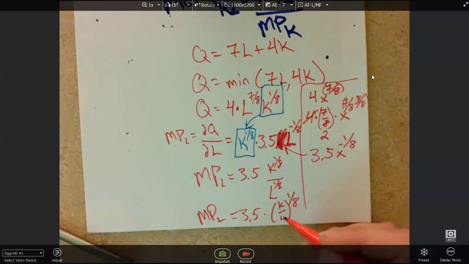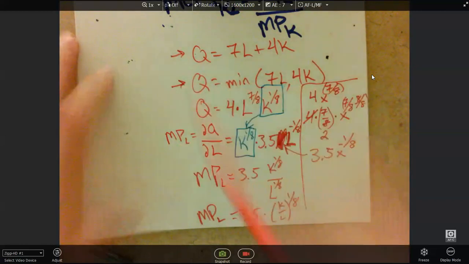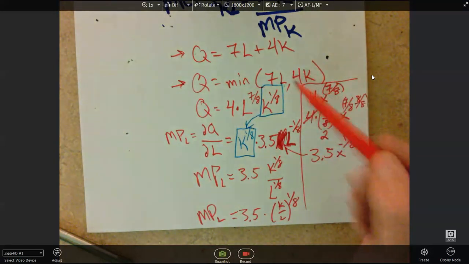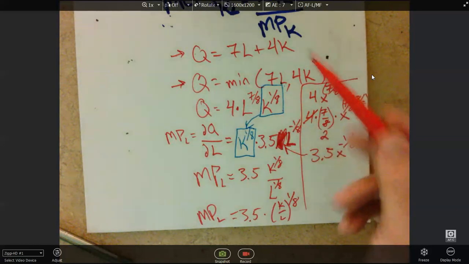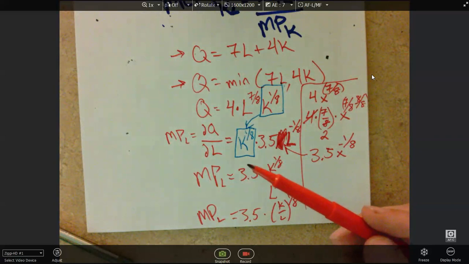And also, it depends on the labor that you're at, your labor stock right then. So these other two are really not representative of reality. The Cobb-Douglas one is the most representative of reality. These two are just easy points on the test, stepping stones that help y'all understand the Cobb-Douglas function and what's going on. Okay?